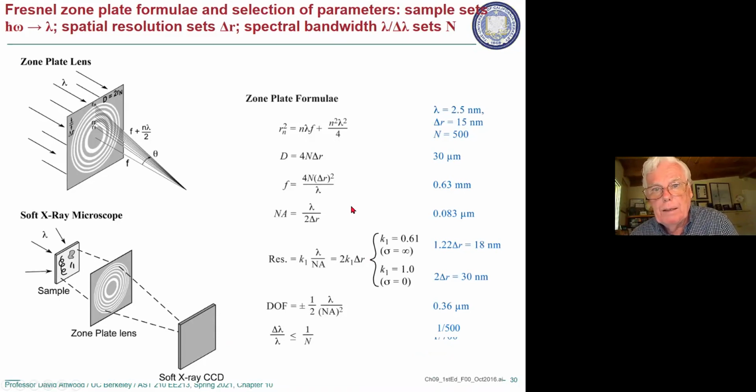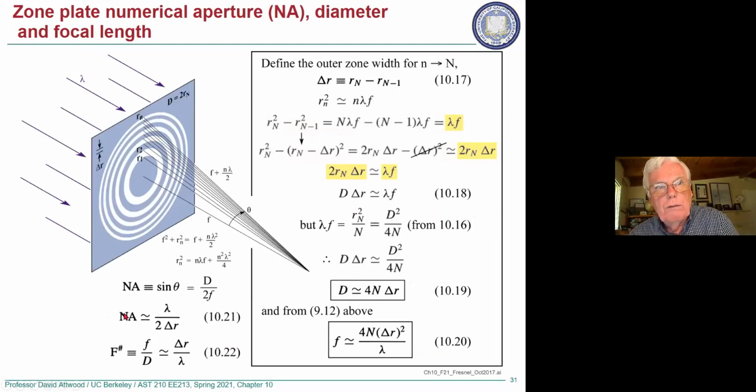Okay, the only reason for this slide is that it summarizes a few of those relationships, but basically it just derives, if you had this formula, what happens when n goes to capital N. We're going to define the outer zone width, R sub n minus R sub n minus 1.